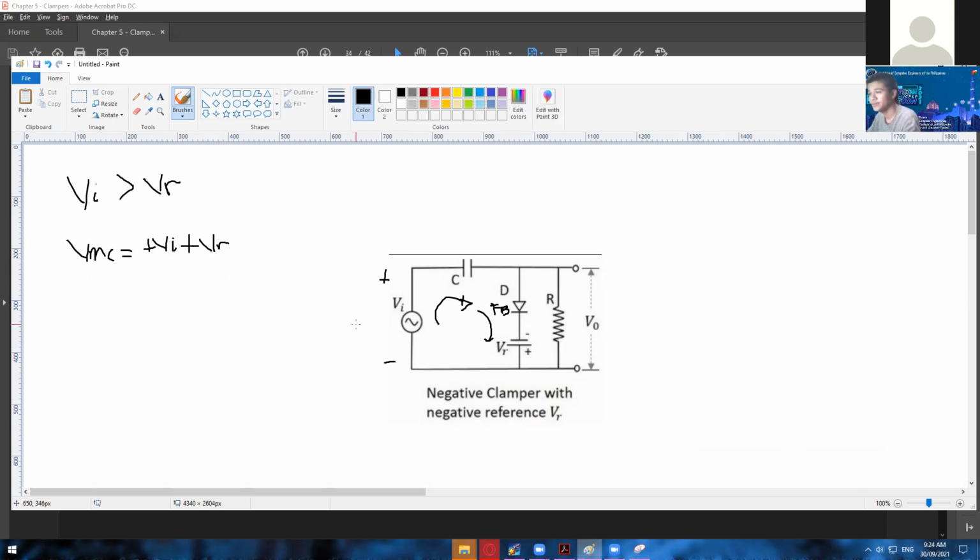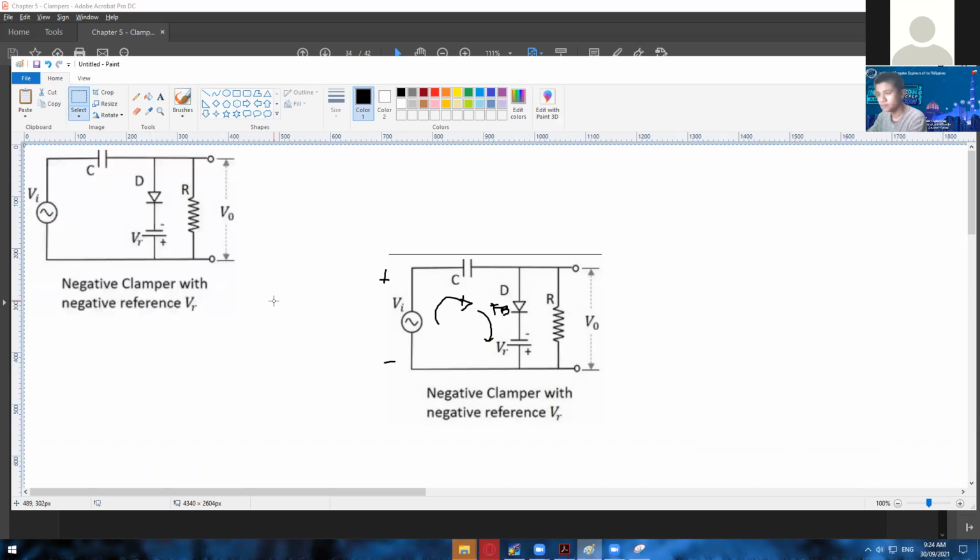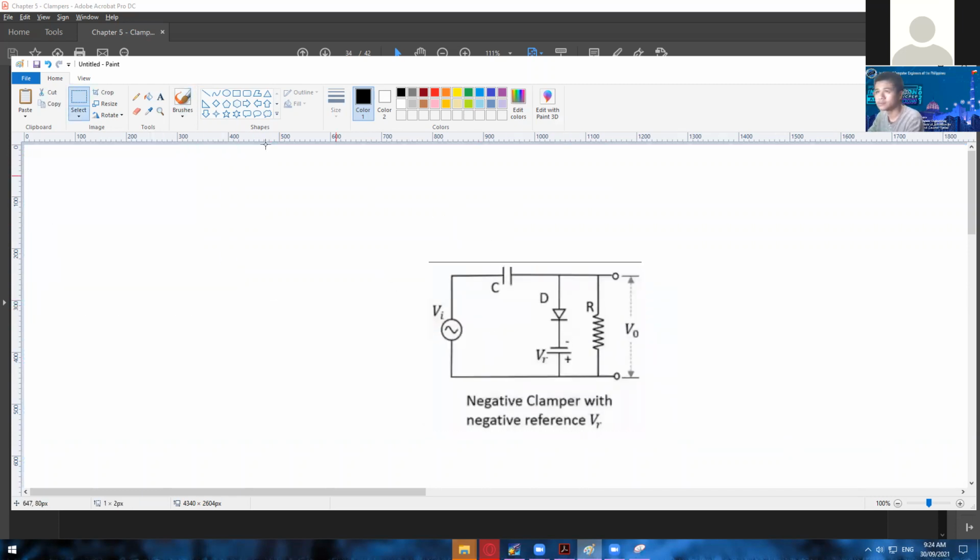Or you can do the other way around, wherein we have two scenarios, starting with VR greater than VI first. Negative to negative, positive to positive, so this will become a forward bias. During VR greater than VI, this will be negatively charged. So we have this flow of current negatively charged by VR, and then positively discharged by the VR also.